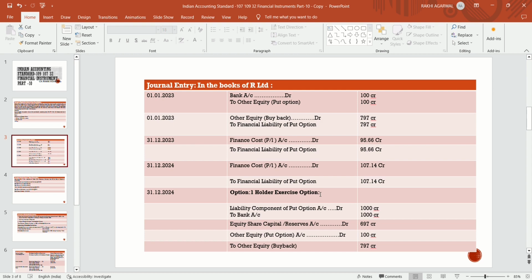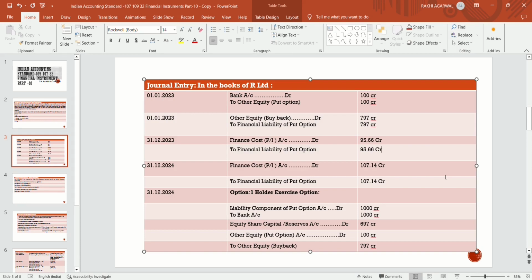In case of consolidation, S Limited's shares are also shares of the group. So it is buying back the shares of its subsidiary organization. So other equity buyback account debit to financial liability of put option by 797. In this case, we are assuming that the financial year is from 1st January to 31st December.